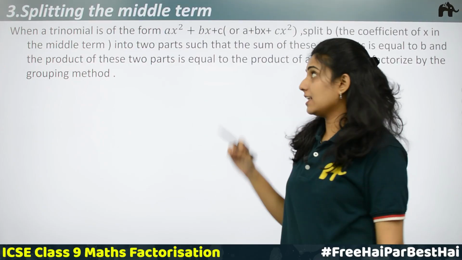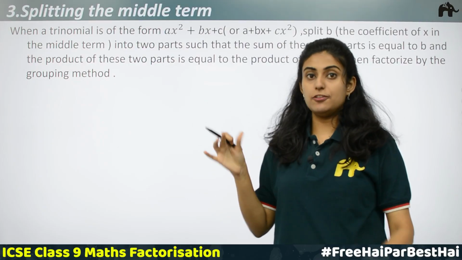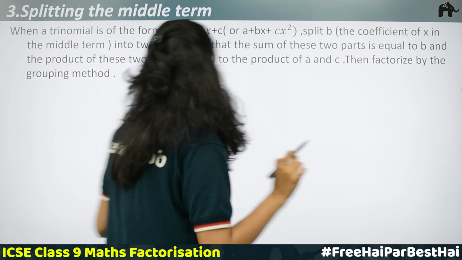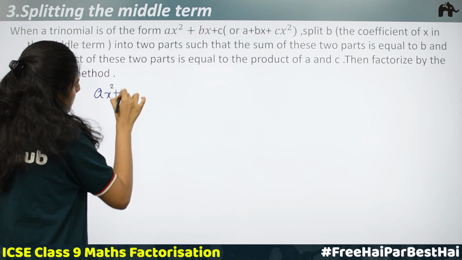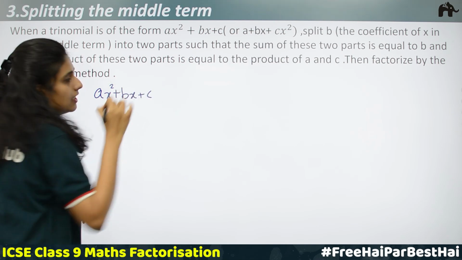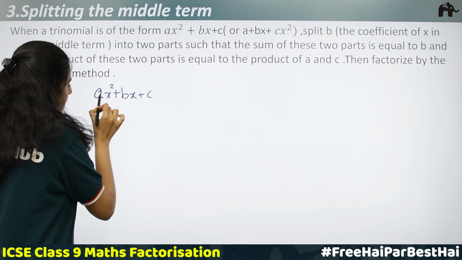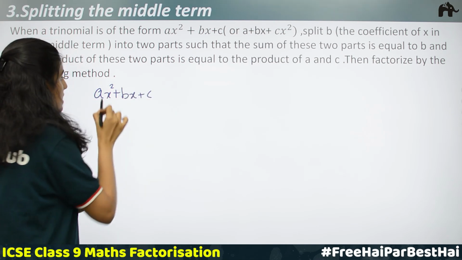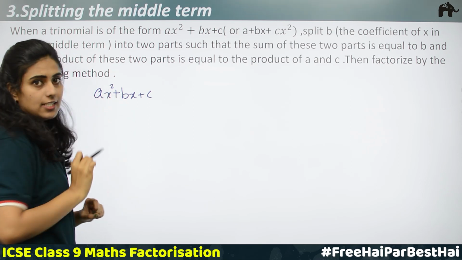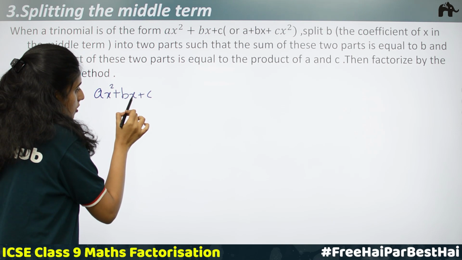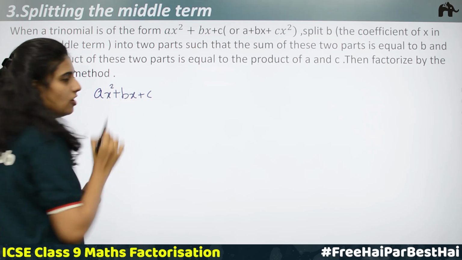Third method of factorization is splitting the middle term method. First, you will have to consider a trinomial expression. This is a trinomial expression, ax square plus bx plus c. Here you can see a is the coefficient of the square containing term. X square coefficient is a and coefficient of x is b and c is a constant.